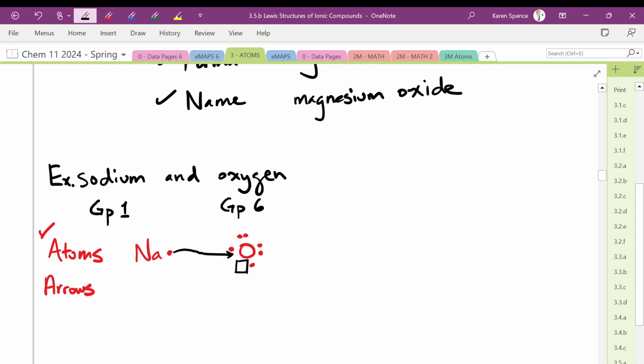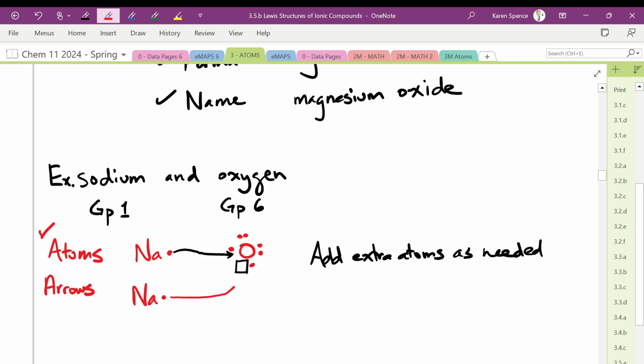Add another atom. Absolutely. Add extra atoms as needed. So atoms, arrows, add extra atoms as needed. So we would need another sodium, Na, and that would help fill in this box right here.